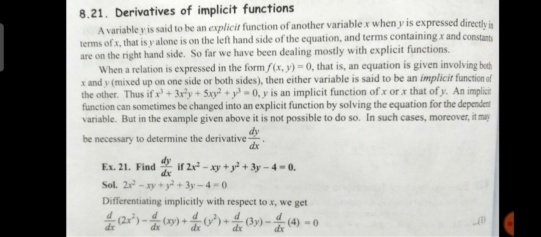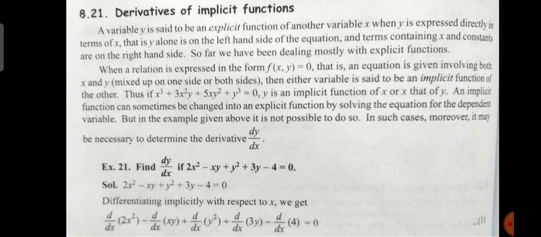Then what is the derivative of implicit functions? By an example, you have to find dy by dx. The function is 2x square minus xy plus y square plus 3y minus 4 is equal to 0. You have to differentiate the function implicitly with respect to x.